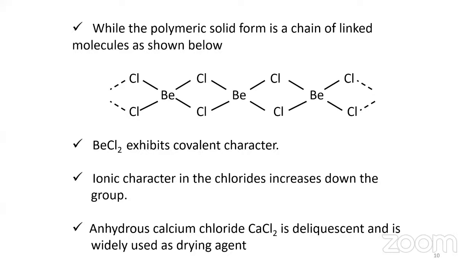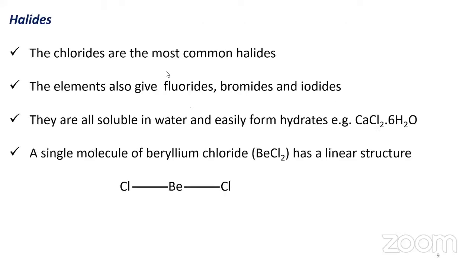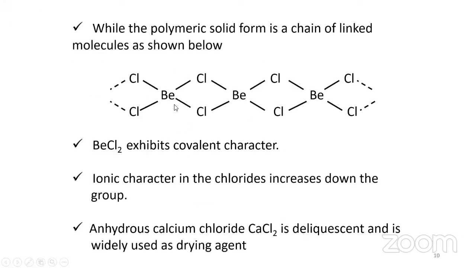And each of the bonds exhibits sp3 hybridization, unlike the linear structure, which exhibits sp hybridization, with a 180 degree bond angle. But this one is sp3 hybridized, and as I said, it has 2 covalent and 2 dative bonds.